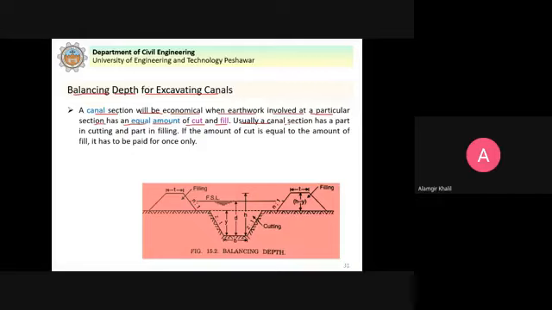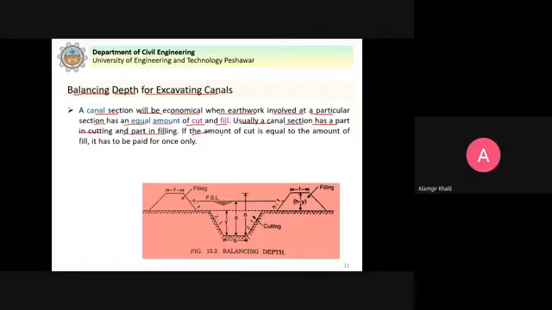Usually a canal section has a part in cutting and a part in filling. As I said before, this is economical if a canal section is partly in cutting and partly in filling, because the material that we remove for cutting, the same material can be used for filling at other sections.